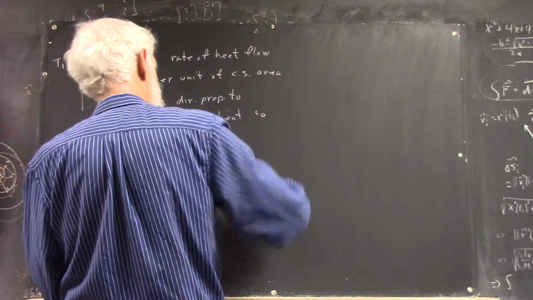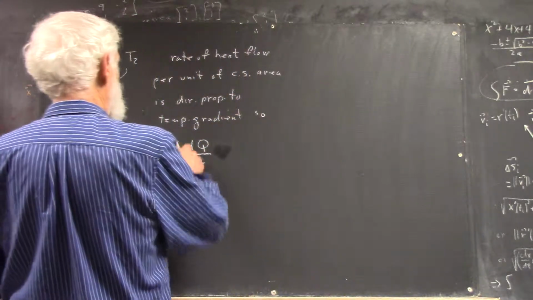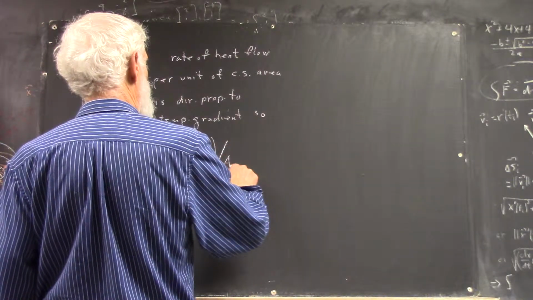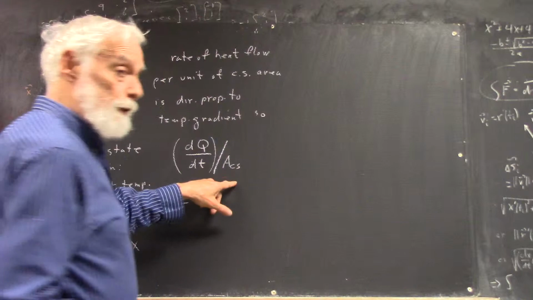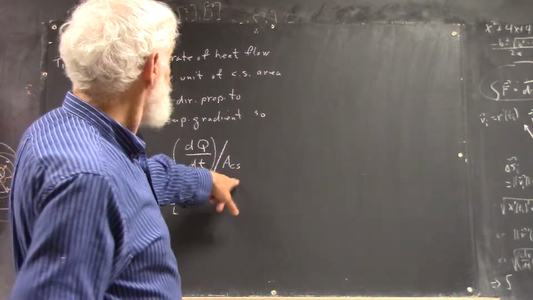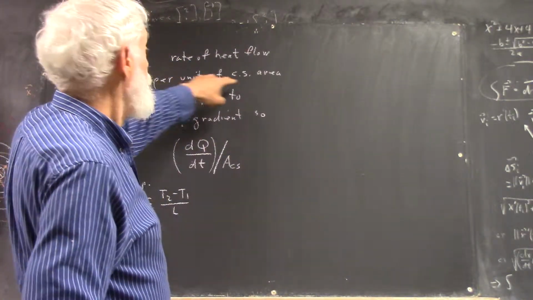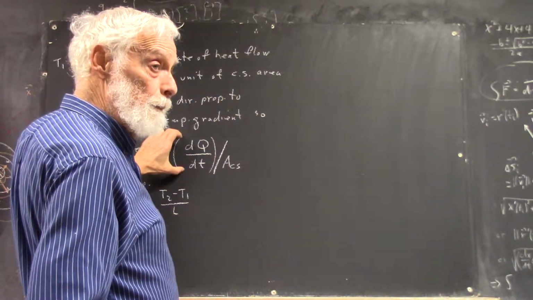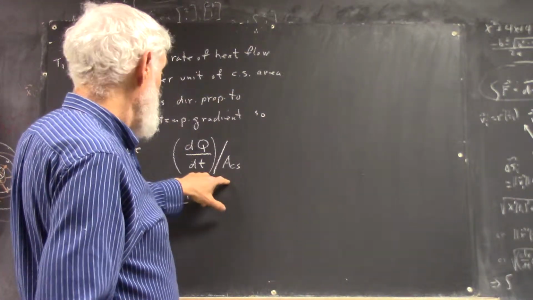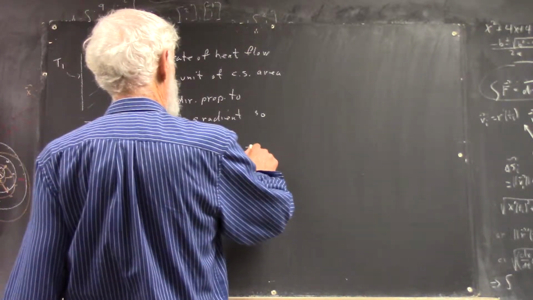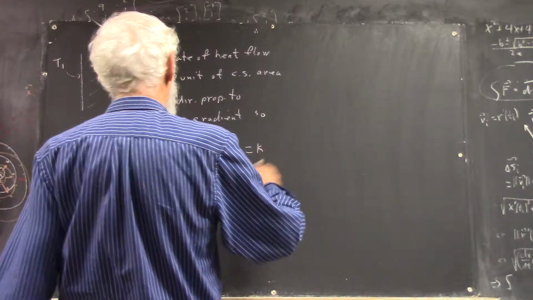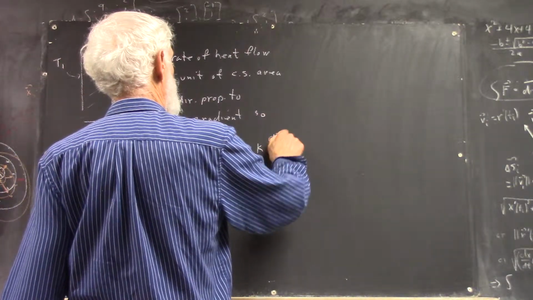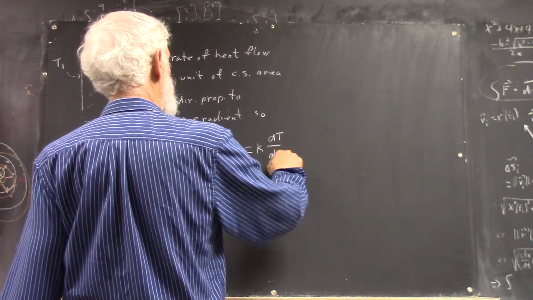This is dQ/dt per unit of cross-sectional area, because it says rate of heat flow per unit of cross-sectional area, right? This is your rate of heat flow, and this is your unit of cross-sectional area, and that equals K times your temperature gradient. Temperature gradient is dT/dx.